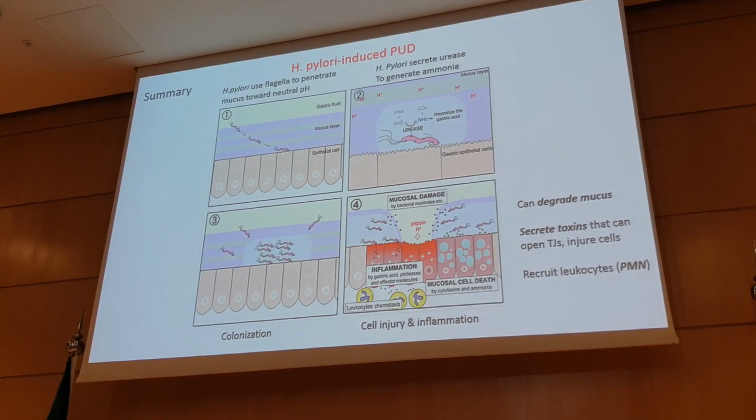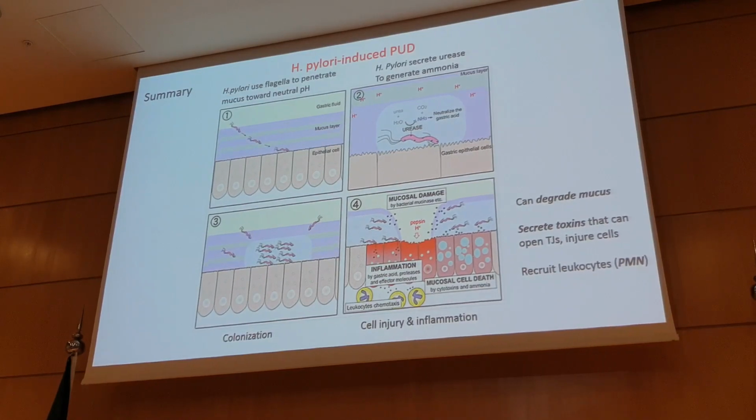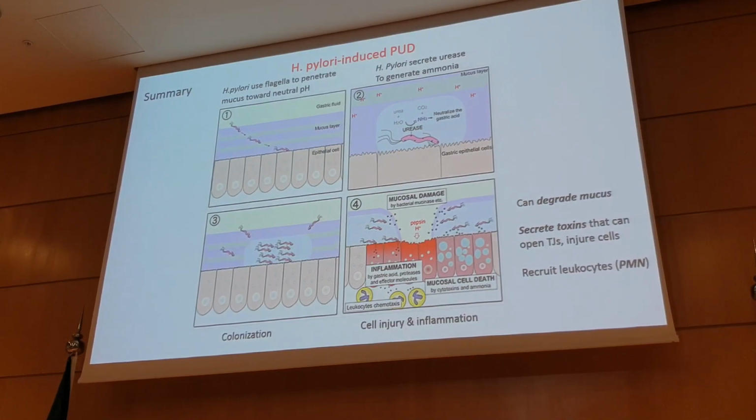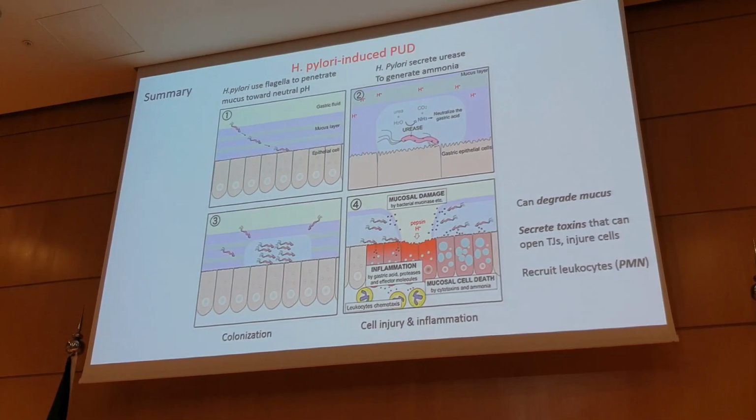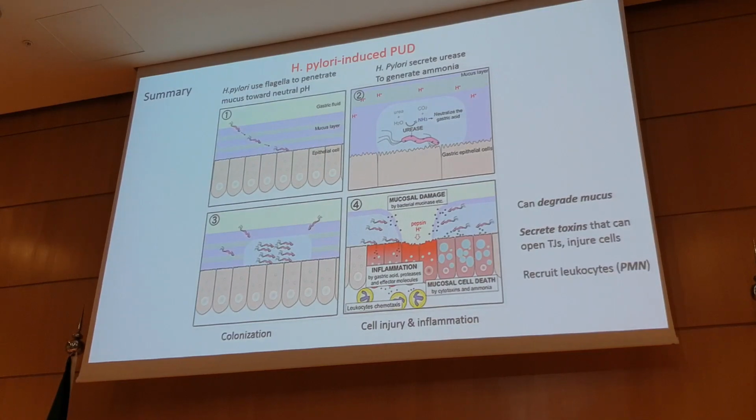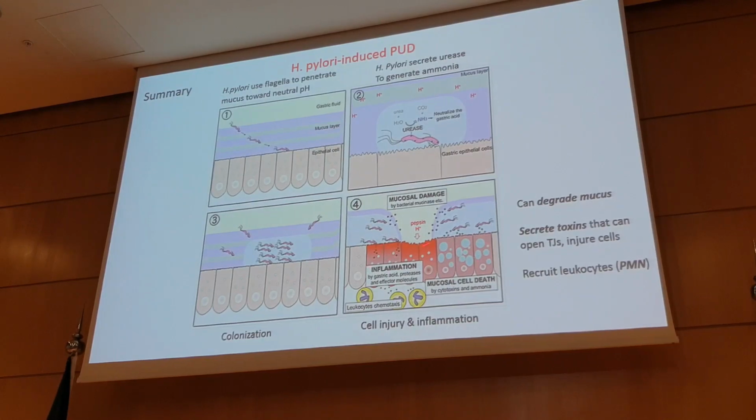And usually the Helicobacter will end up, most of your interaction with the epithelium would be within the tight junctional area. Not in the middle of the cell, but where the tight junctions are, around the edges, okay? And they produce toxins and stuff like that. We'll get to that down here, but that destroys the tight junctions.